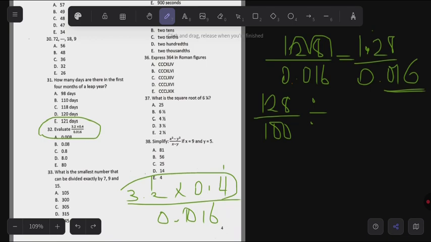The zeros that came before the 16 are not important for now. So how many zeros should I put? That is 3 zeros, because I have three decimal places in 0.016. Now I can divide.